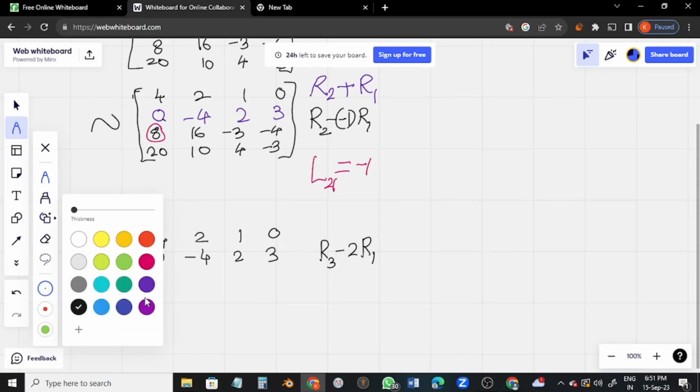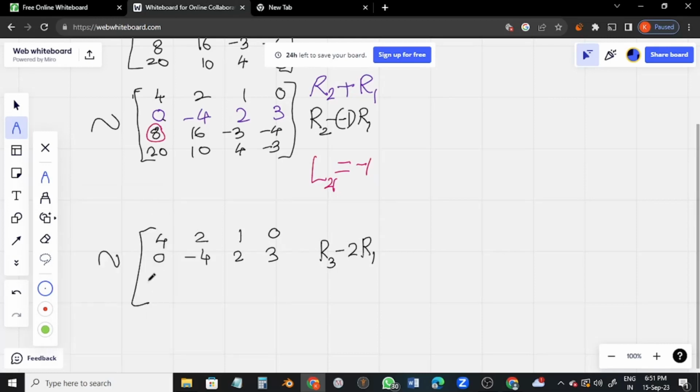For third row, you can see what we are doing is 8 minus 4 times 2 means 8 minus 8, I got a 0. Then 16 minus twice 2, so I'll get 16 minus 4, I got 12. Then minus 3 minus 2, I got minus 5 in this place. And lastly minus 4 minus 0, so I got minus 4.